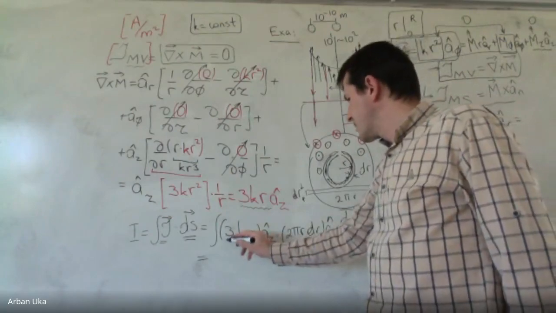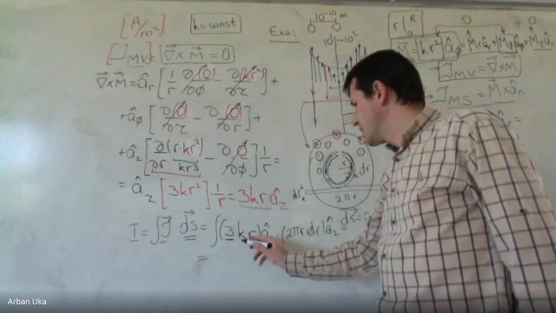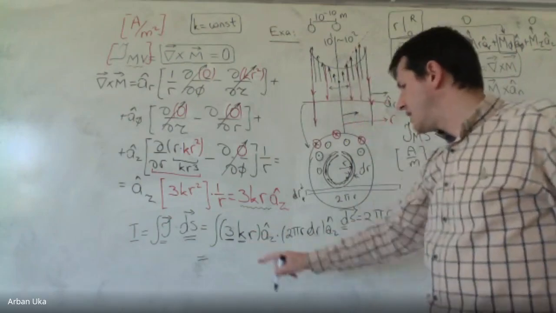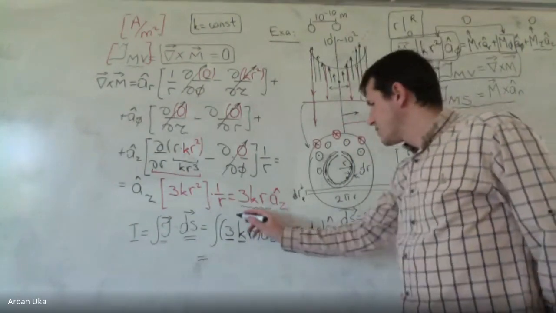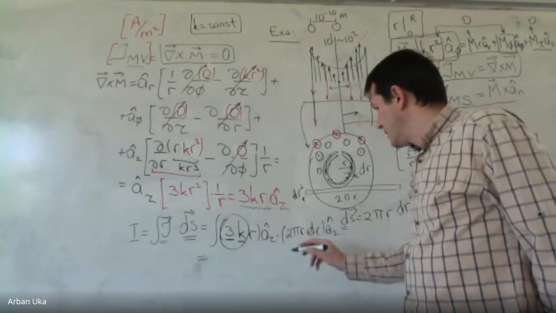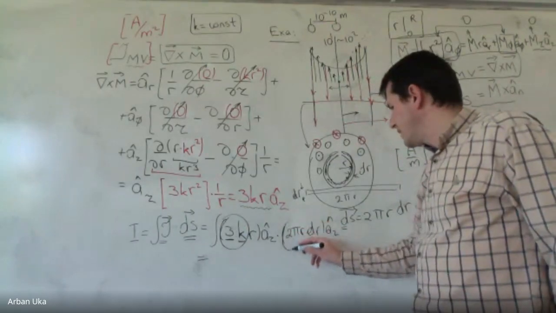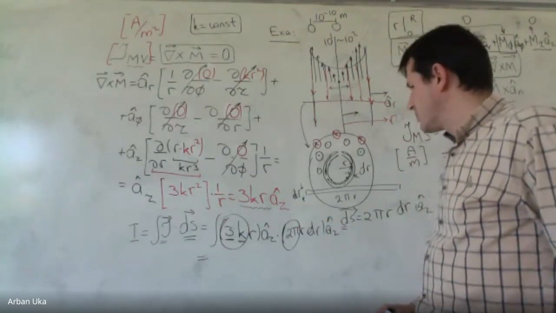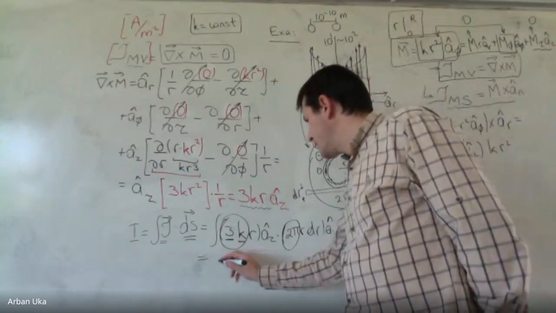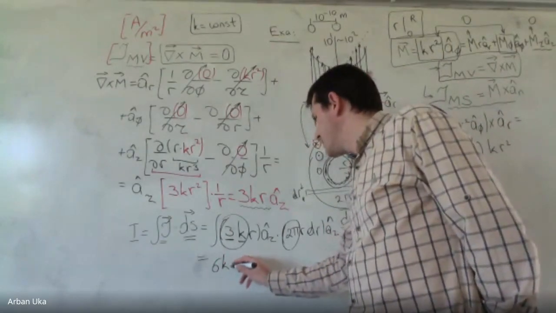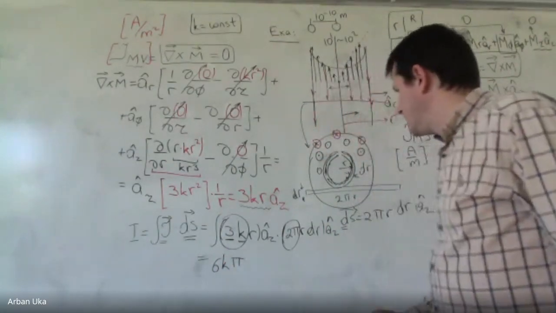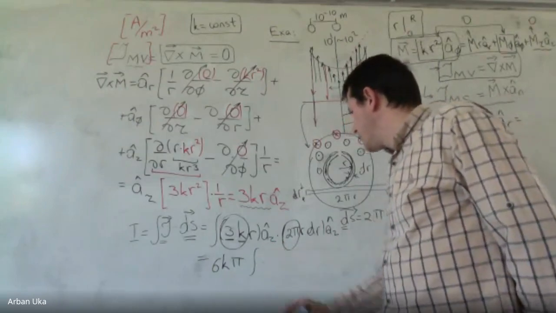And this is a constant, 3 is a constant, K is a constant, R is not a constant. So this 3K and this 2 pi, we can take them out. So it looks like we get 6K pi times the integral of what we are left with.